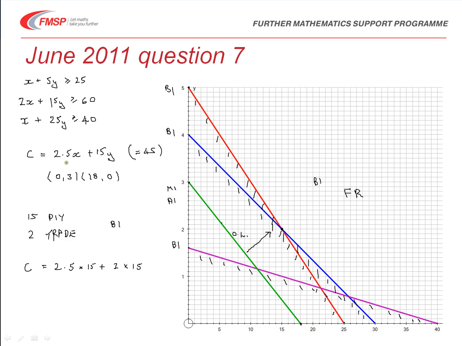In other words, we've substituted it into this formula for the cost. And if we work that out, that will give us a cost of £67 and 50p. Obtaining the correct value for the cost, making this statement, will give you 1 mark. And that completes the solution.